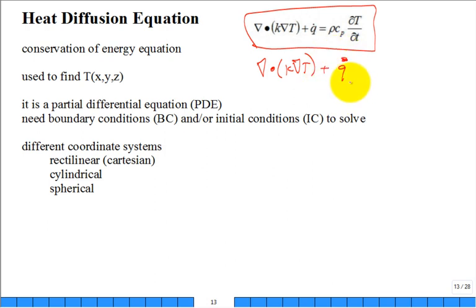Where would that come from? Electrical resistive heating or some sort of chemical release of heat that would be modeled in your heat equation, or even a nuclear type of, not a chemical, but a nuclear fissioning release of heat. And then over here, what do we have? Well, that looks like a time rate of change of temperature. Hey, something's going up.